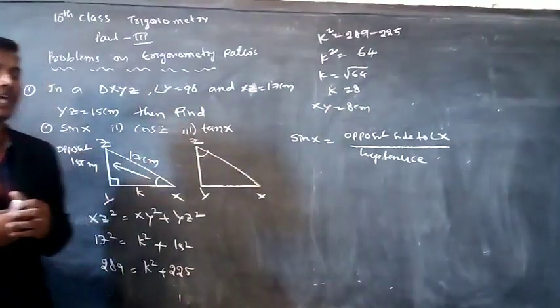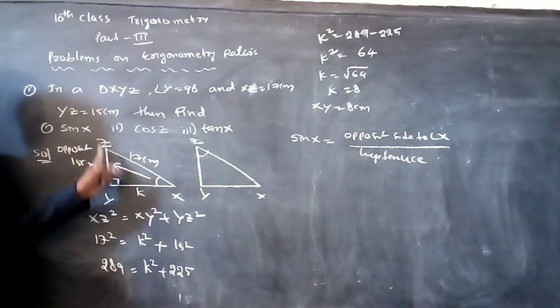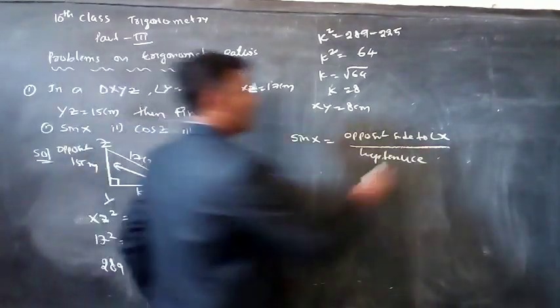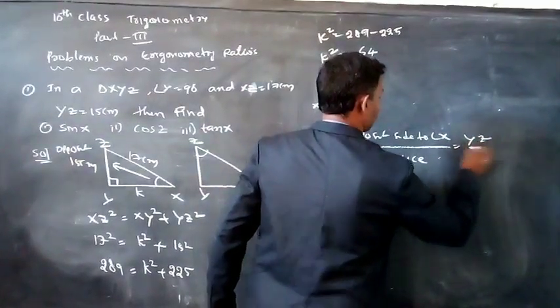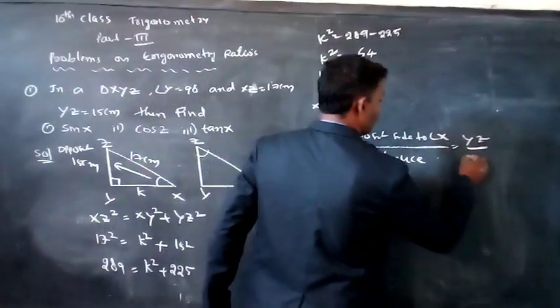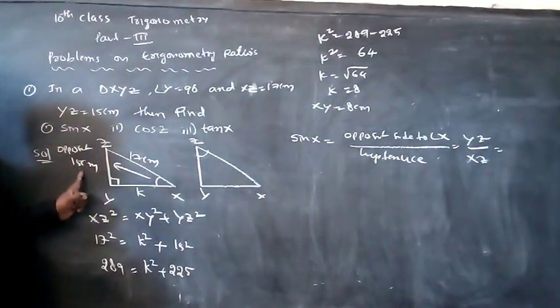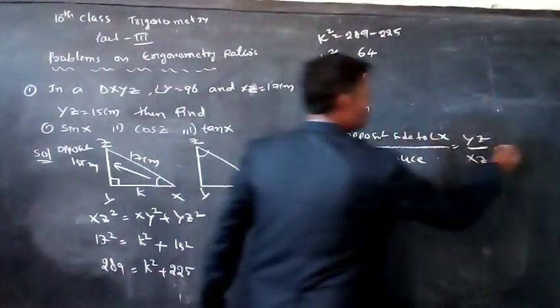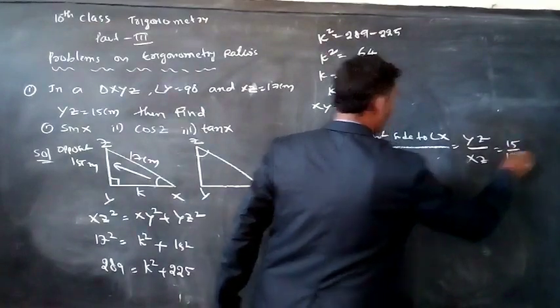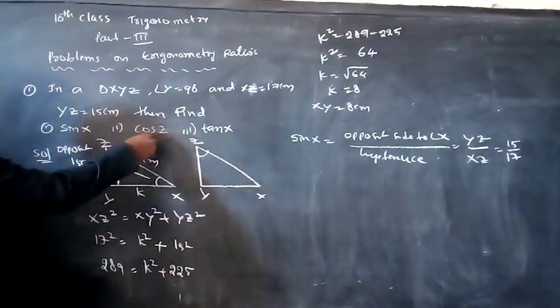What is the opposite side to angle x? In triangle XYZ, opposite to angle x is YZ. What about the hypotenuse? ZX or XZ. What is the length of YZ? The length of YZ is 15 and the length of XZ is 17. So what is the value of sin x now? 15 by 17.